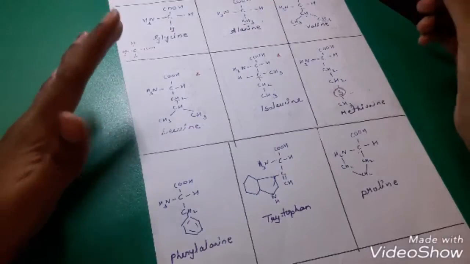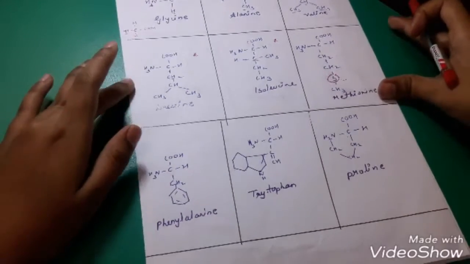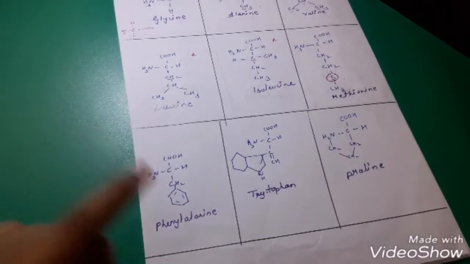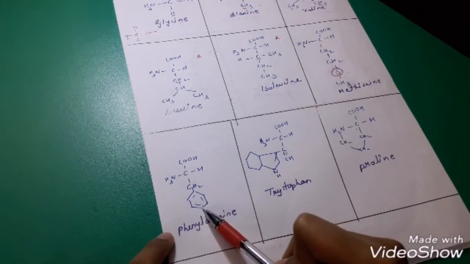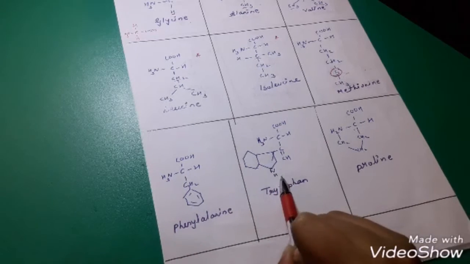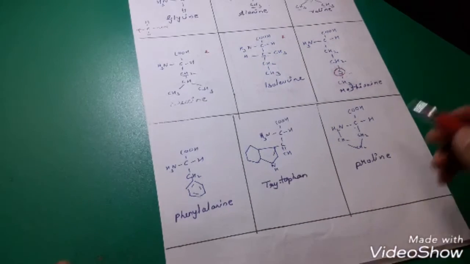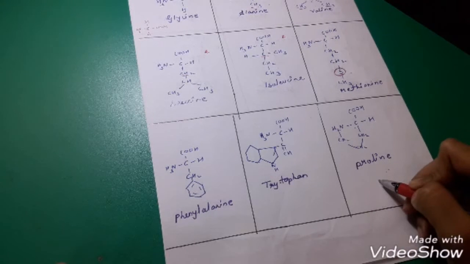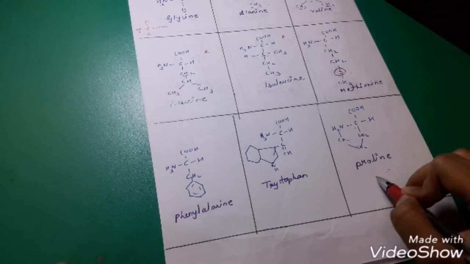We have seen 6 of the nonpolar amino acids, and 3 more of them are phenylalanine, which has an aromatic ring in it, tryptophan, where you can see these aromatic rings, and proline. One thing I have to tell you about proline is that it has a secondary amino group.